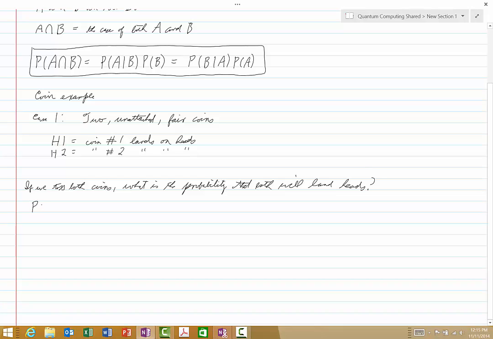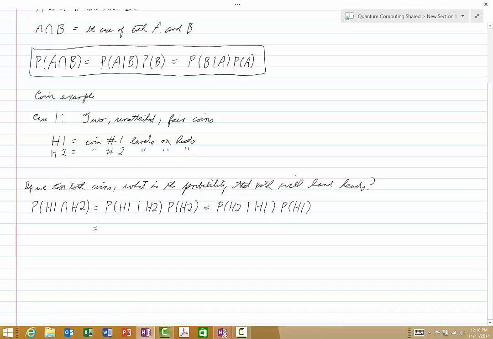So P of H1 and H2, we want both of them to be heads. And we can use the formula above. We have P of H1 given H2 times P of H2. Or, equivalently, we could use the formula P of H2 given H1 times P of H1. Either one of these formulas will give us the correct answer.